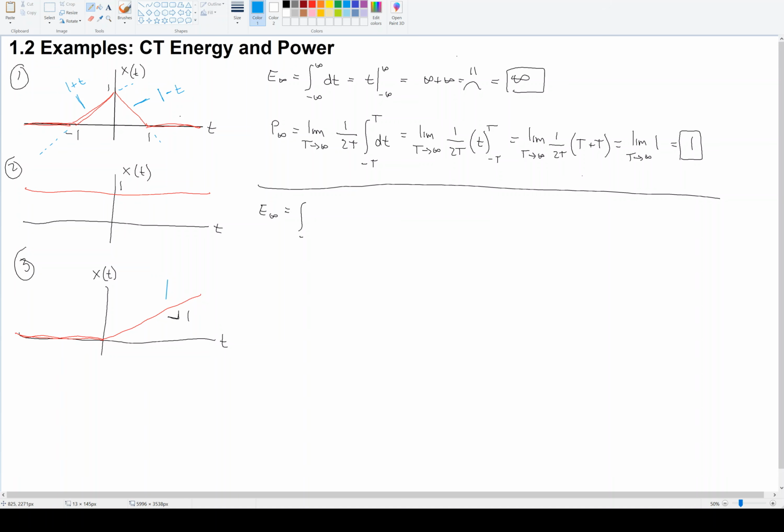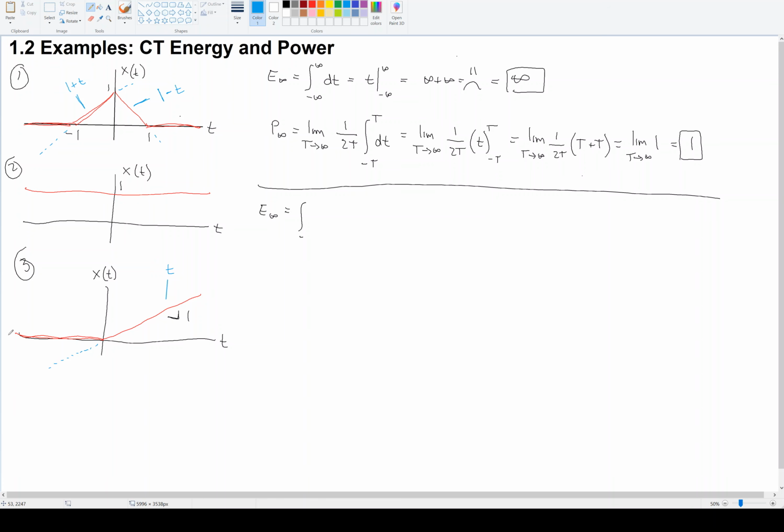Well, it goes through the origin and has a slope, we're told, of 1. So this is just x of t equals t. But it doesn't extend on forever, right? It starts at the origin. So that x of t equals t is only valid from t goes from 0 to infinity.